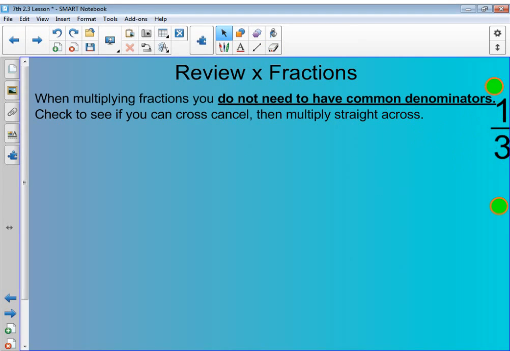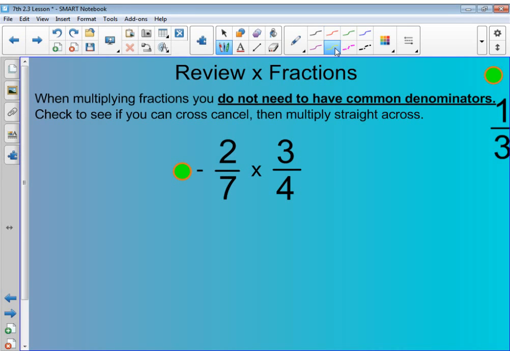Okay, so let's try another one. So here we have -2/7 times 3/4. So my first step is to always look to see if our answer is going to be positive or negative. And we have 1 negative sign there, so I know my answer is going to be a negative answer. Now on this one, is there anywhere that we could cross cancel? Let's see, would 2 go into 7 or 4?